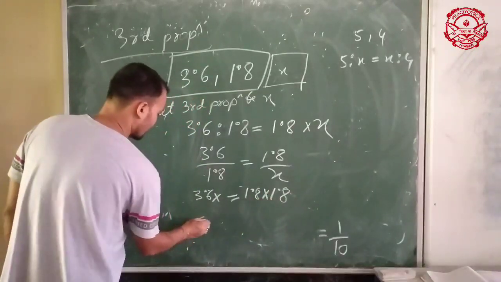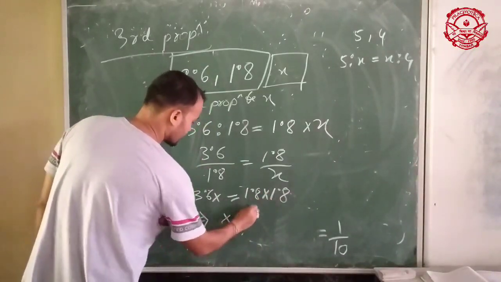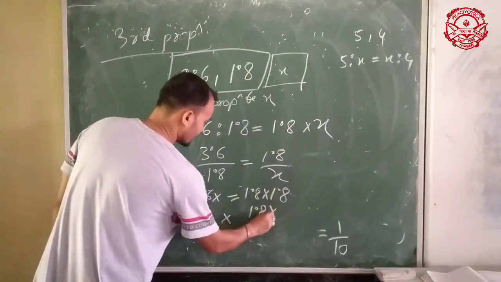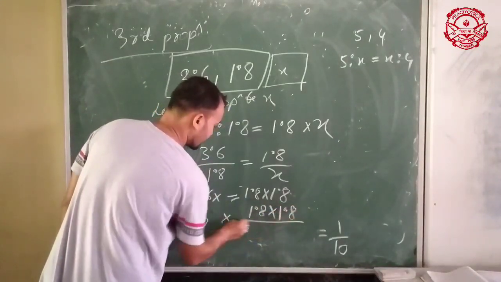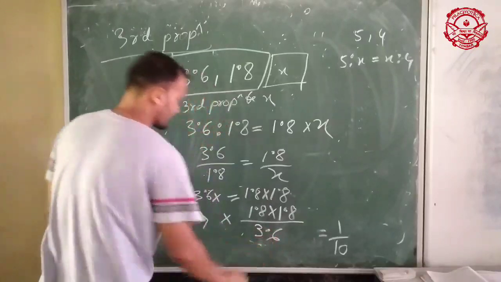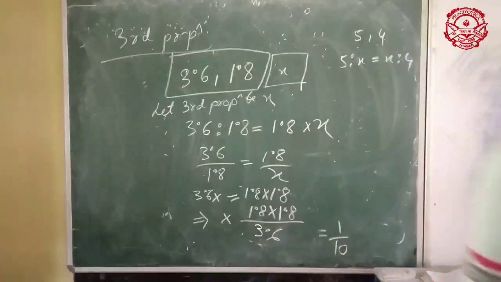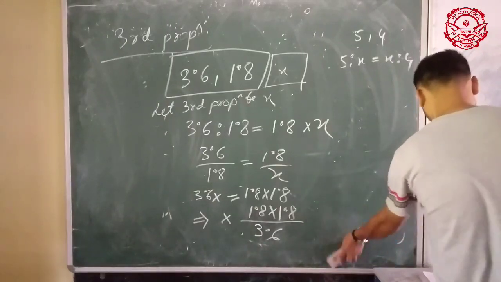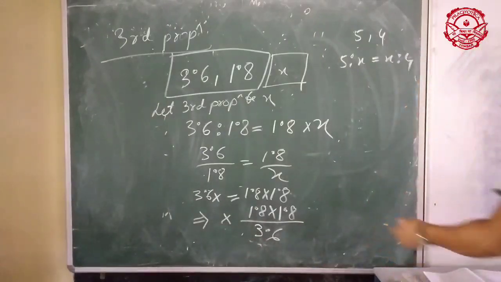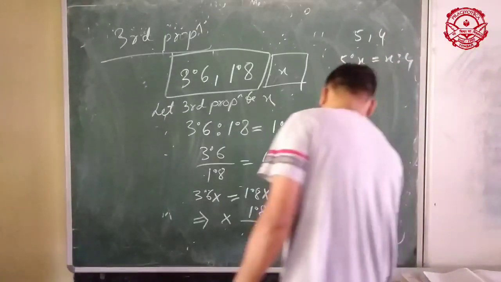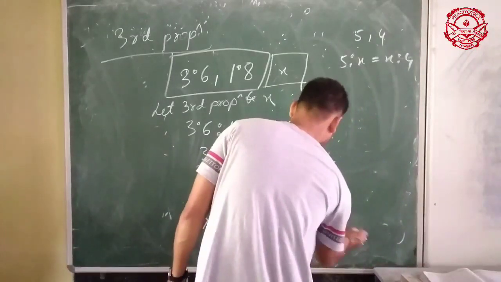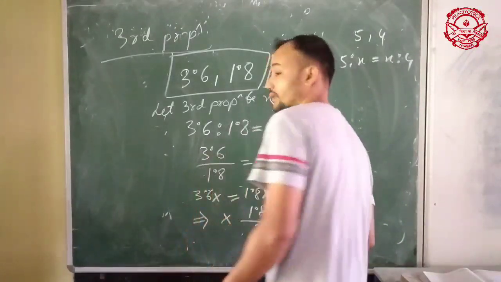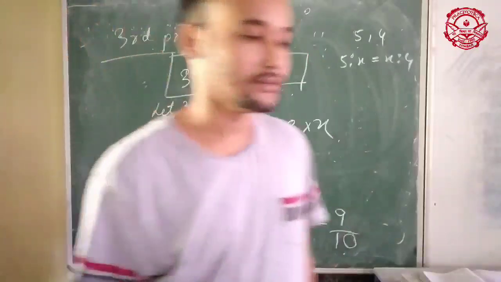Now you can find the value of x. x equals 1.8 into 1.8 divided by 3.6. If you solve this, you will get the answer to be 0.9, or 9 by 10. This is the answer.